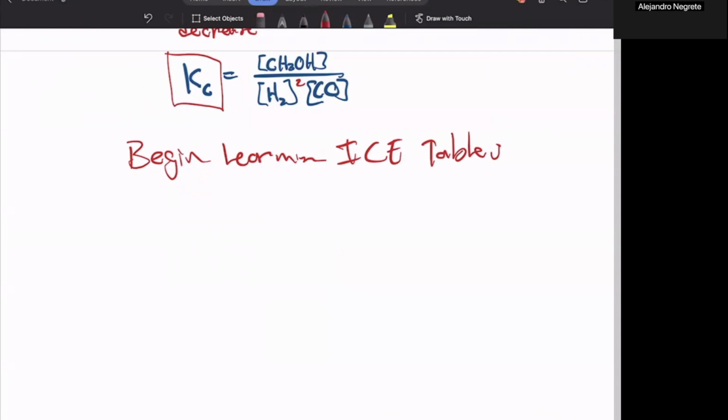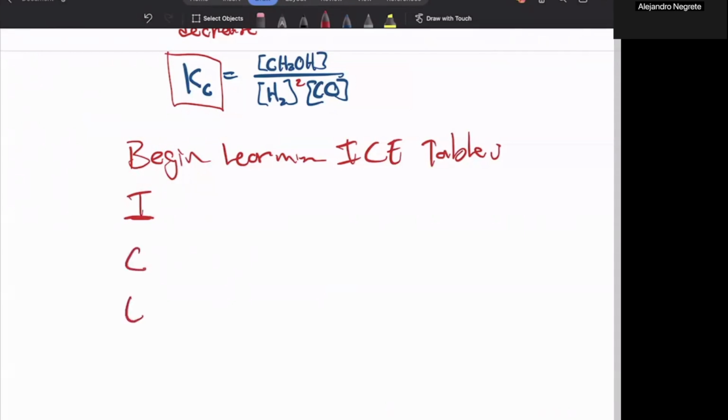So we're talking about ice tables in this chapter, chapter 14, chapter 15, chapter 16, and I think chapter 17 as well. But get comfortable with what we consider to be ice tables, right? So this is where we start learning.